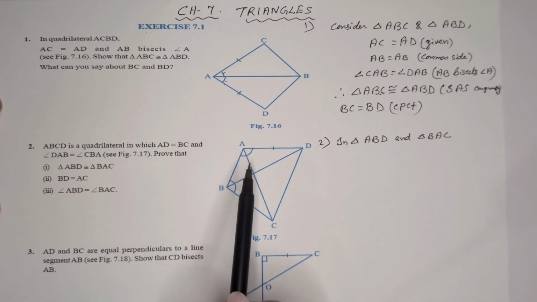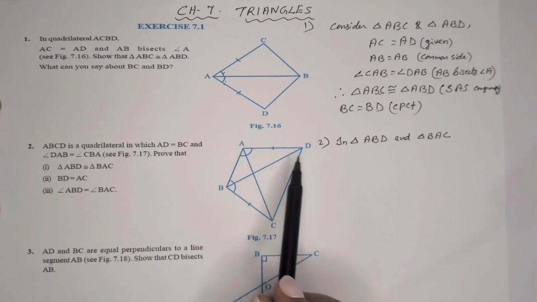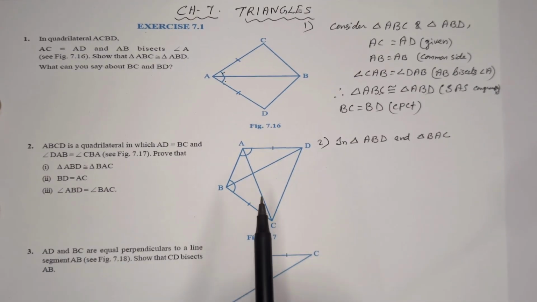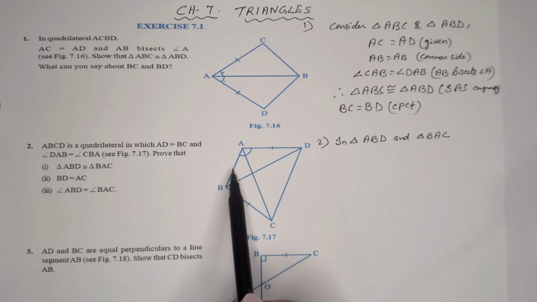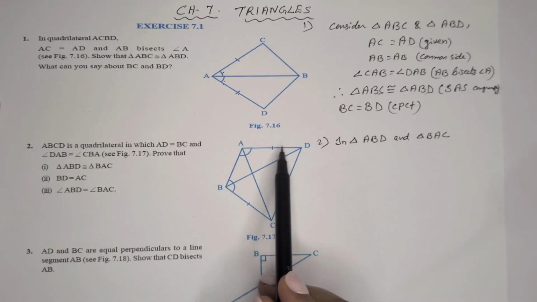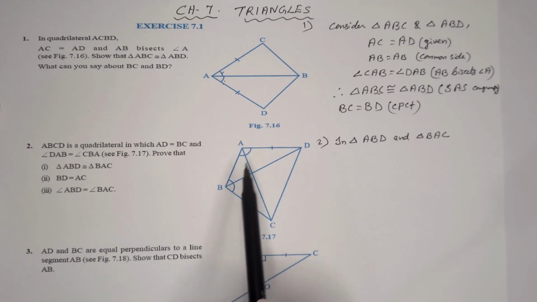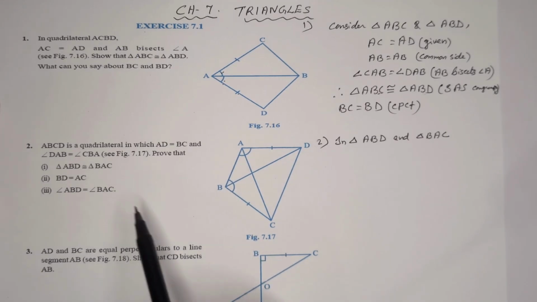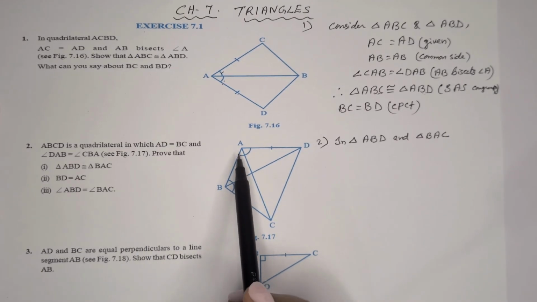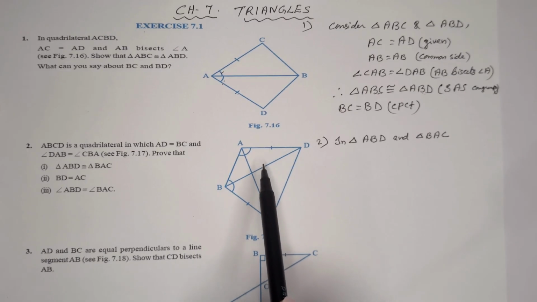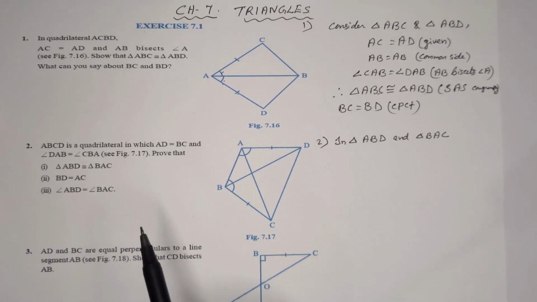Second question. ABCD is a quadrilateral in which AD is equal to BC and angle DAB is equal to angle CBA. Prove that triangle ABD is congruent to triangle BAC.